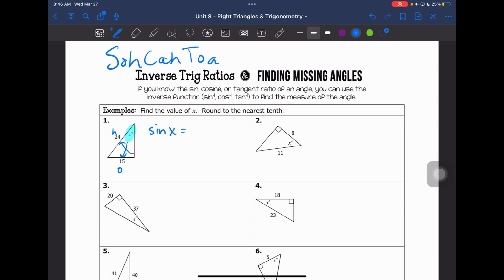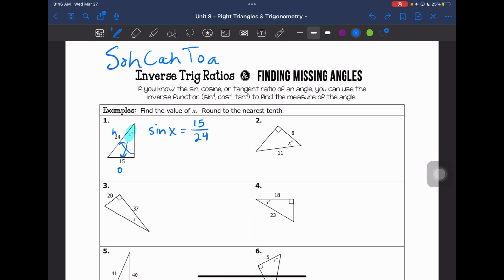And that is equal to opposite over hypotenuse. Well, my opposite is 15, and my hypotenuse is 24. So what I have to do now to undo the sine that's going on with the x, I can't just divide by sine like we might in the past, because that wouldn't work out.